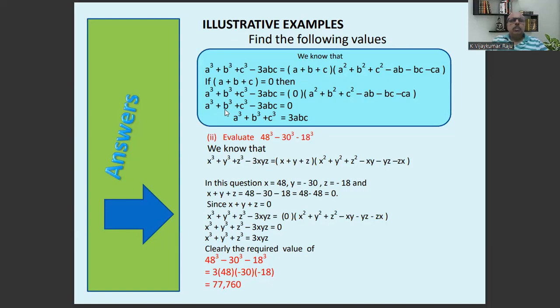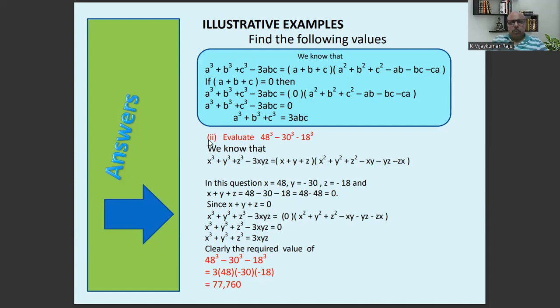So a³ + b³ + c³ − 3abc will become 0. Take this minus term to the other side, it will become 3abc. That means you get a new identity: if a + b + c is 0, then a³ + b³ + c³ is equal to 3abc.